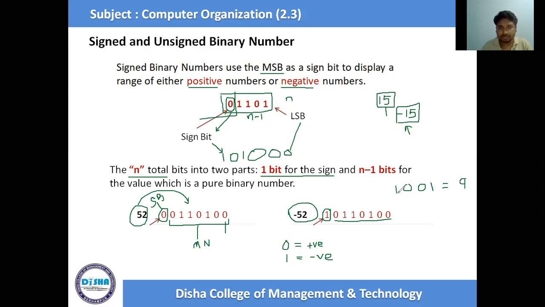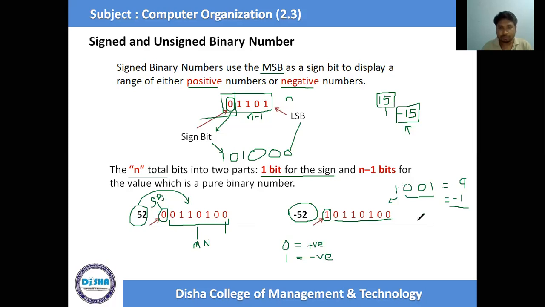Somebody says it is 9, and somebody says no, it is minus 1, because the MSB is just taken as the sign bit and the remaining value is considered as the magnitude, as we just got the idea from this example. Clear? So we cannot directly represent the negative number by just setting the sign bit to 1.